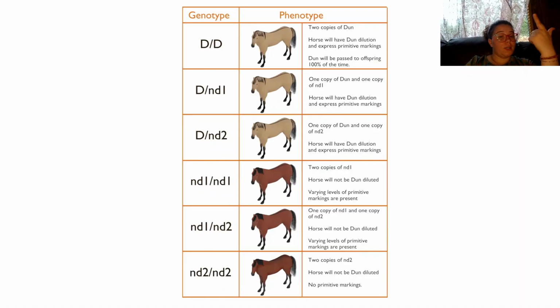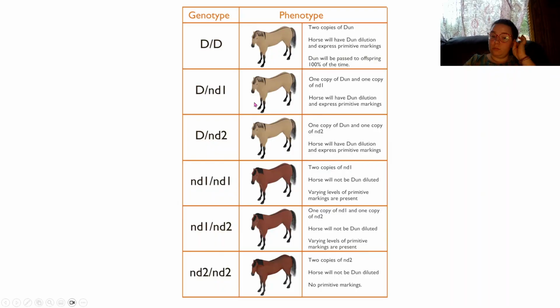If you want a dun baby, and you've got a dun mare that you want bred, you need to know what kind of dun she is. Is she an ND1 dun? Is she an ND2 dun? Is she a total dominant dun? Or what is it? Homozygous dominant dun. What is she?